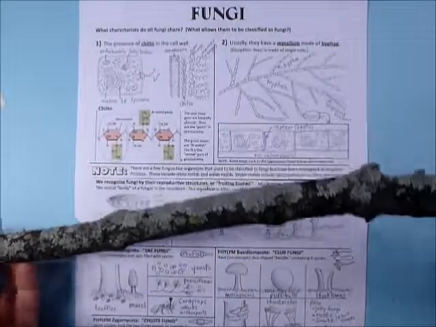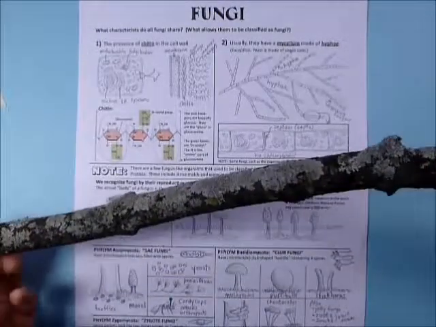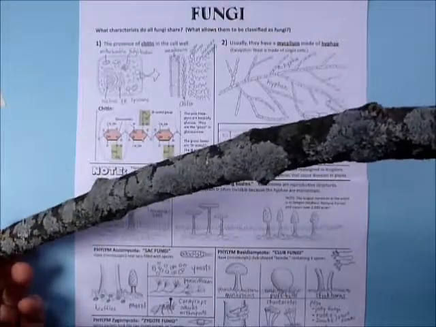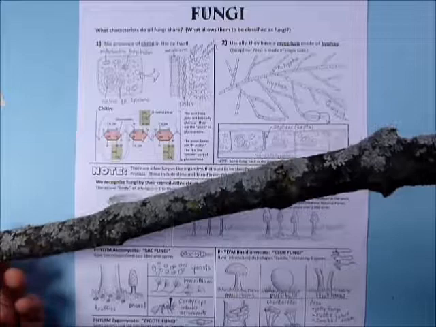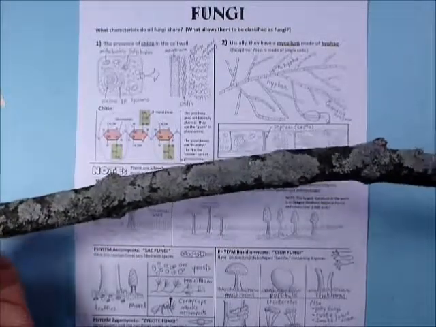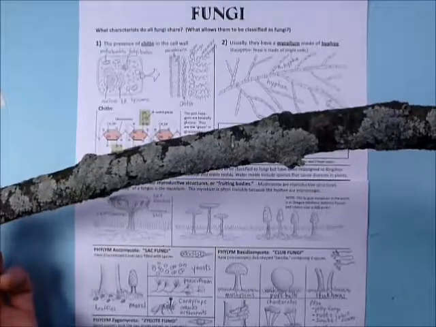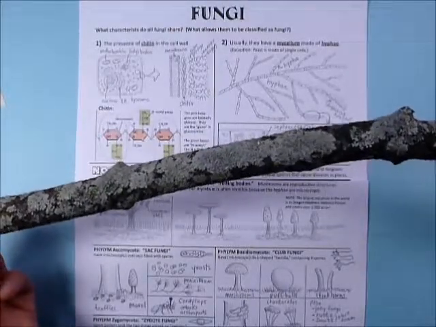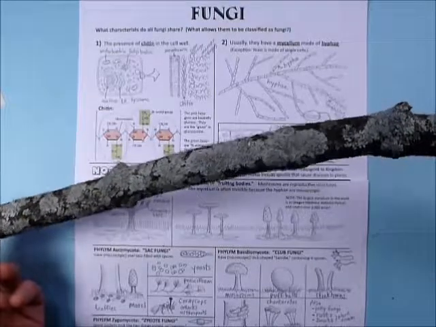So I've oversimplified here. There's other kinds of fungus that aren't on here. But this is a particular type that grows with algae cells, and the two of them growing together make a unique organism called a lichen. So that's just one other thing that the fungal kingdom can do that we haven't mentioned on this page.